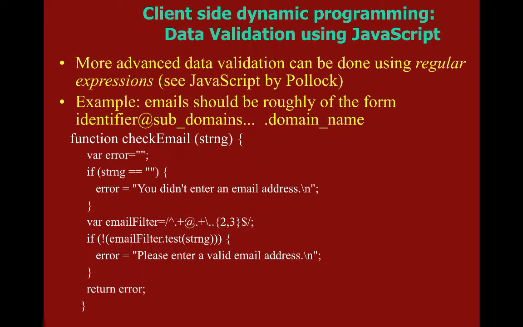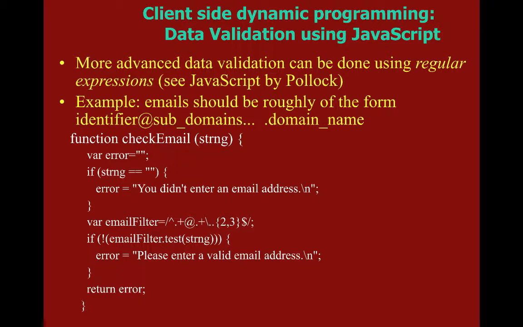Once we define that regular expression, we can call the function emailFilter.test on the given string, and that will check if the string is of a format that satisfies the regular expression as defined in email filter.